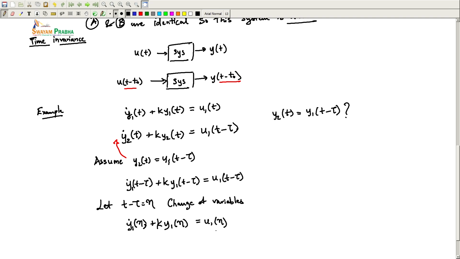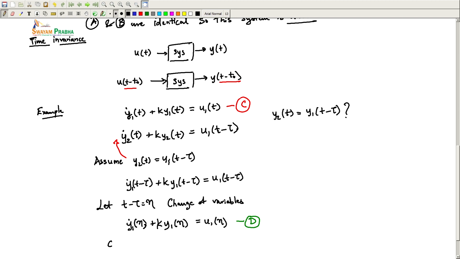So, if we see this particular expression, say we denote this one what we had earlier as c and this one as d, we find that both c and d are same, just we have changed the variable from t to eta.